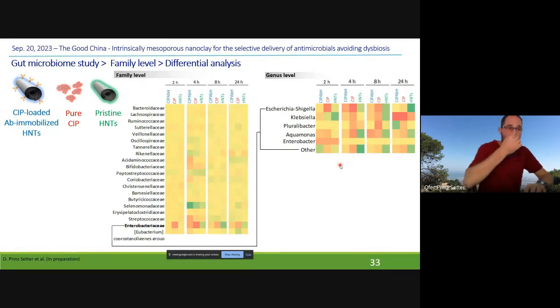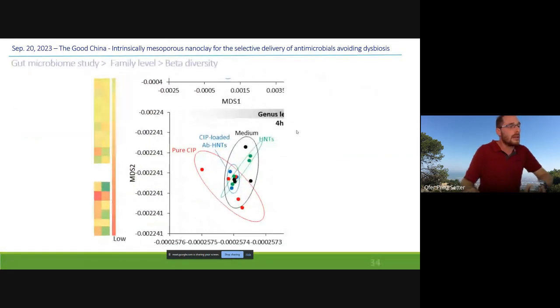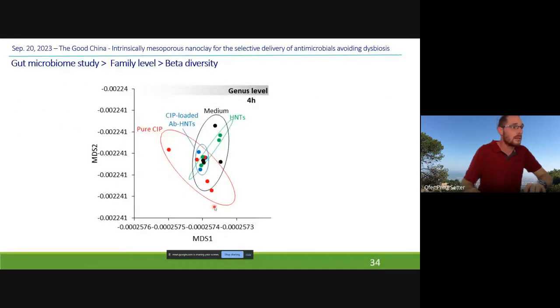And this is actually the first indication, and we can also see it using beta diversity. Here, the difference between the populations is expressed as geometric distances. So as the dots are more distant from each other, they are more different, and you could see that the clay loaded with antibiotics is very similar to the medium control and the pristine clay.